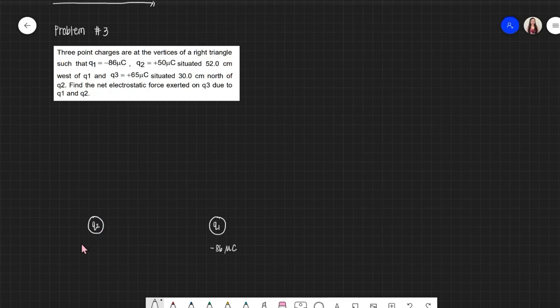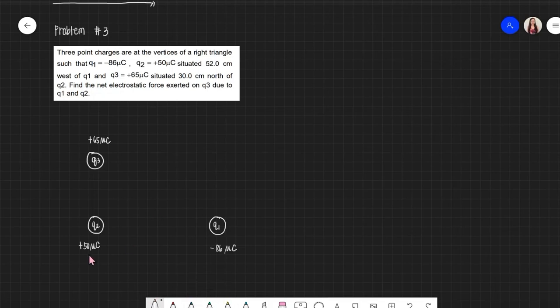Q2 is positive 50 microcoulombs, and Q3 is situated 30 cm north of Q2. So meaning directly north, it's here. Q3 is positive 65 microcoulombs. And we are looking for the net electrostatic force exerted on Q3 due to Q1 and Q2.